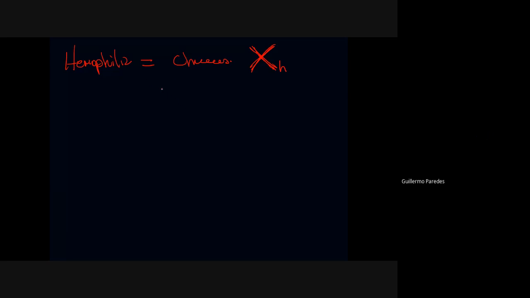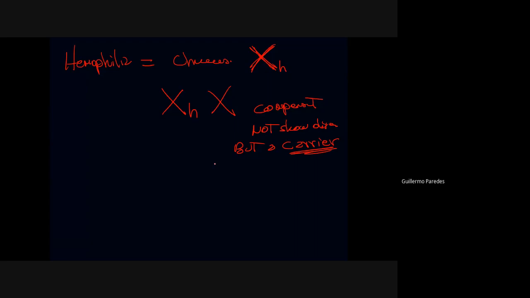Because when a female has the hemophilic X chromosome, she has another X chromosome that is going to compensate. So in this case, the female does not show disease, but is a carrier. Is that clear or not?